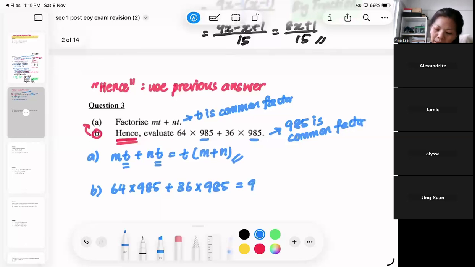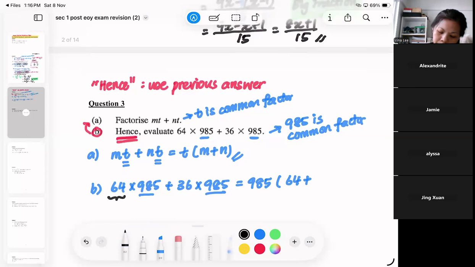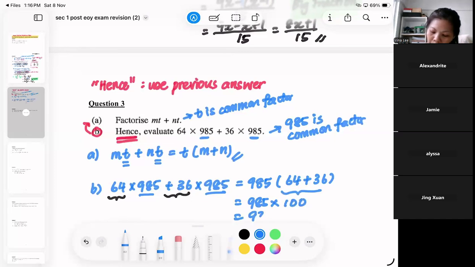You must take out the 985 and you are left with 64 plus 36. From there, you can see that that is a 100 and you get 98500.